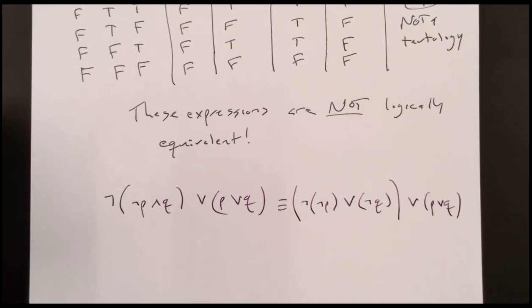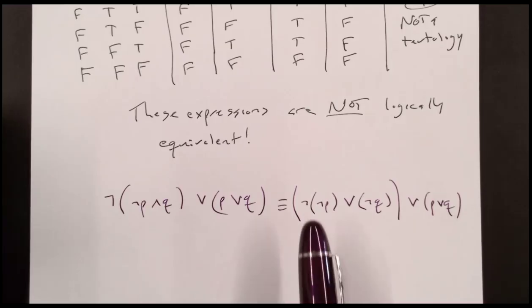With me so far? I put the not on each of the things inside this first set of parentheses. And I flip the and to an or. What can I do with that?